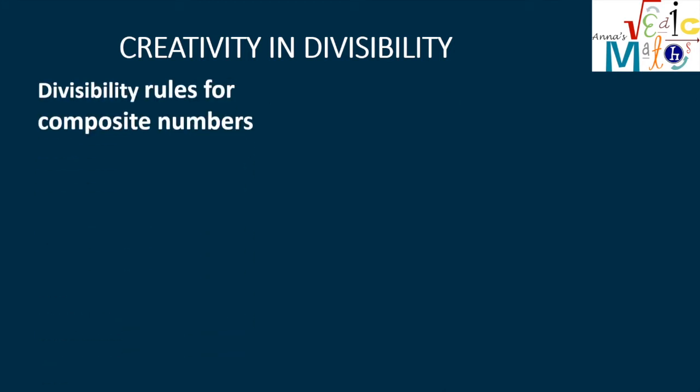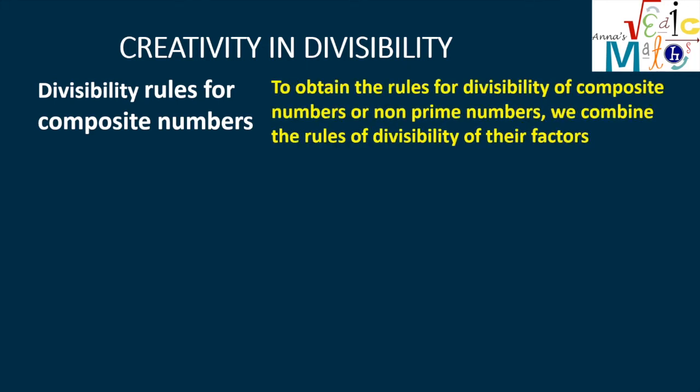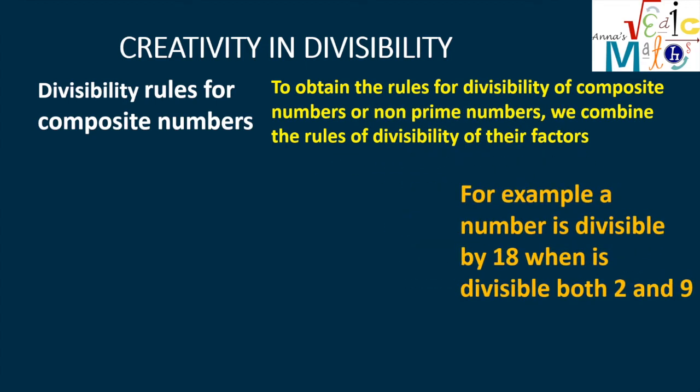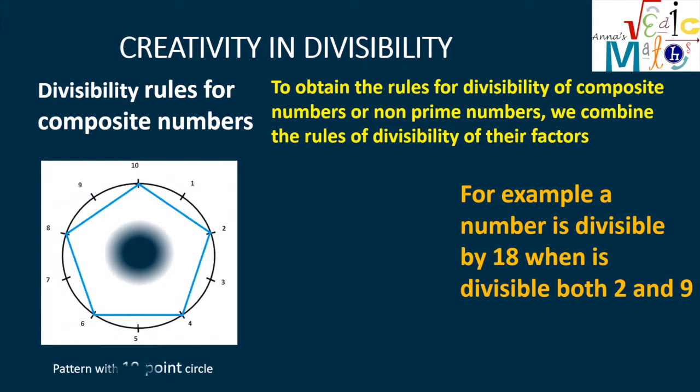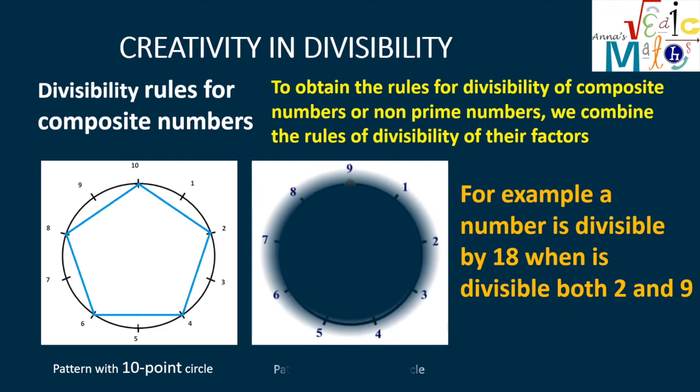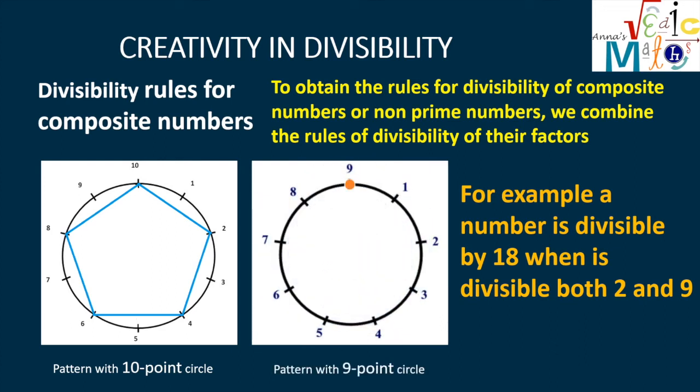Divisibility rules for composite numbers. In general, when a number is the product of different factors, we combine the rules and we can recall the picture of each factor. For example, for 18 equal 2 times 9, we use the rules of 2, even numbers ending in 2, 4, 6, 8, 0, as shown in the 10-point circle, and 9, numbers whose digit sum is 9, as shown in the 9-point circle.